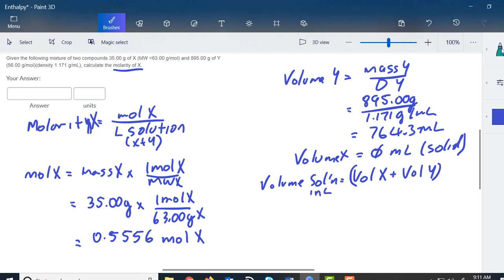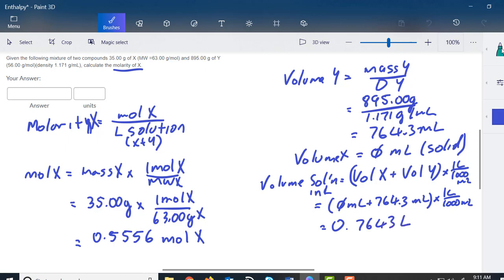So let me add that down in here in liters. So that's going to be times 1 liter over 1,000 mils. Now that's going to come out to be 0 mils plus 764.3 mils times 1 liter over 1,000 mils, which is going to be 0.7643 liters.